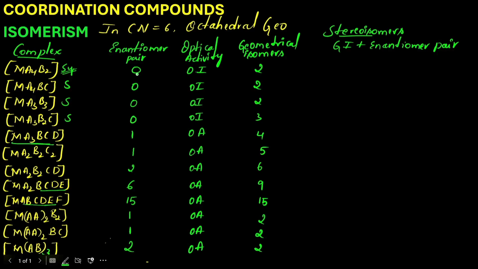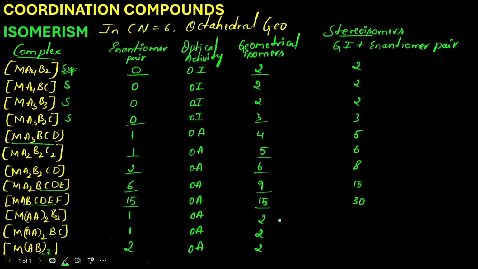So here 0 plus 2 is 2. Again 0 plus 2 is 2. Next, 0 plus 3 is 3. Next 1 plus 4, it is 5. Next 1 plus 5, 6. 2 plus 6, it is 8. Next 6 plus 9, it is 15. Next is 15 plus 15, it is 30.